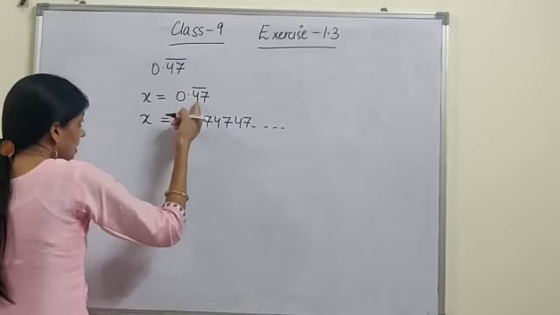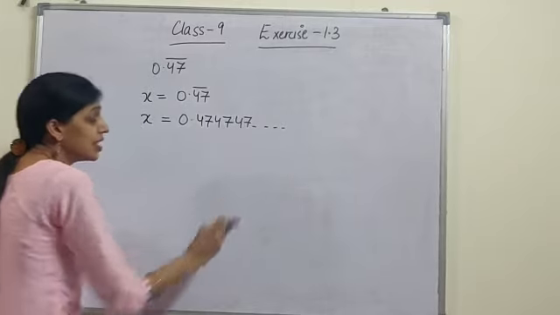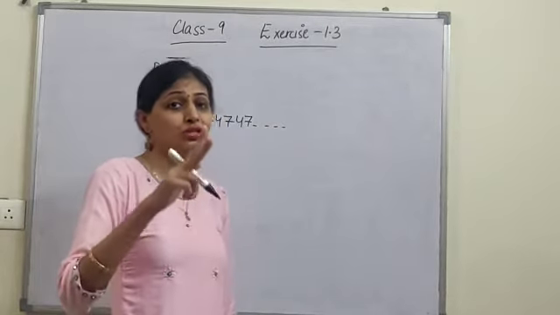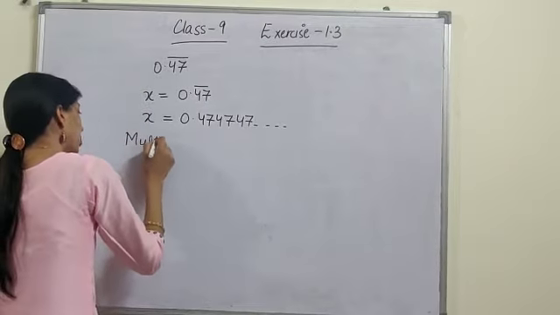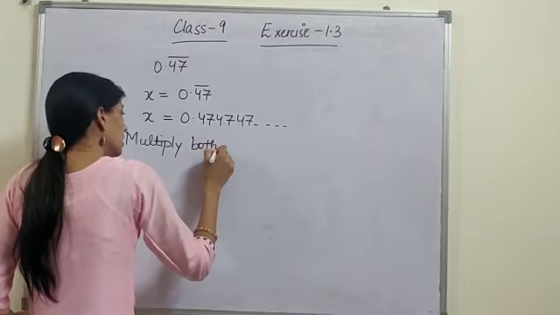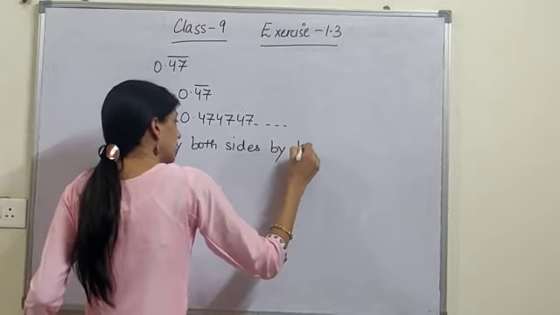Now, what you have to do, if the bar is on 2 digits, then we have to multiply with the number which has 2 zeros. So multiply both sides by 100.